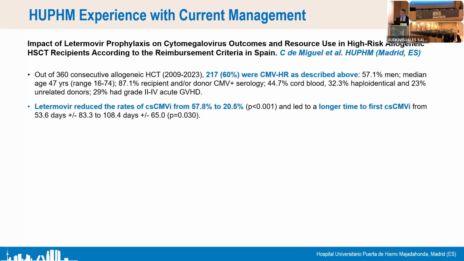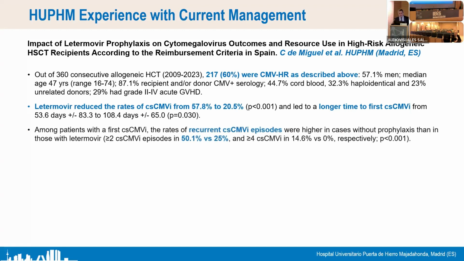It's a huge difference, huge difference. And not only that, it led to a longer time to first CMV reactivation, from day 53, once you selected only those, to day plus 108. So clearly, less infection, and infections that occur much later in patients that are already more fit, in a less severe situation.